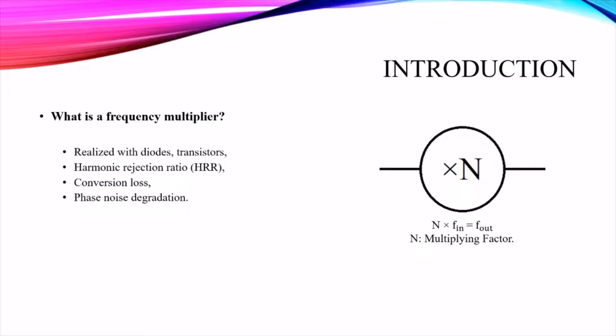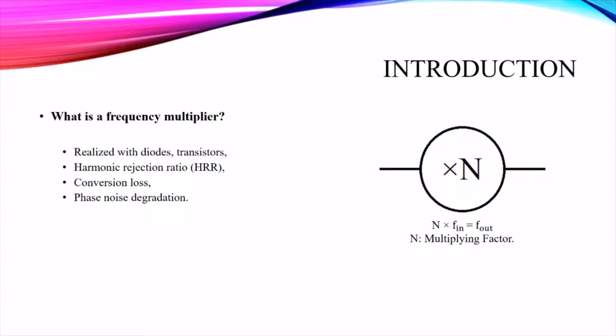Due to the high cost of developing low phase noise oscillators, frequency multipliers are often employed with local oscillators operating at lower frequencies for microwave and millimeter wave signal generation applications. In other words, frequency multipliers are another alternative method to generate high frequency signals with low phase noise.